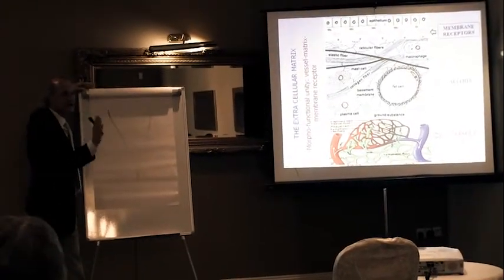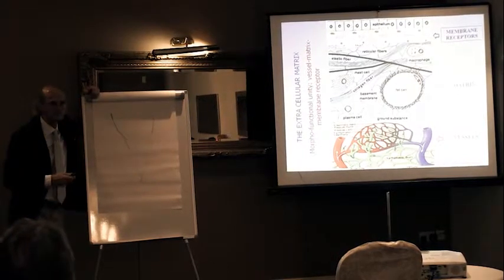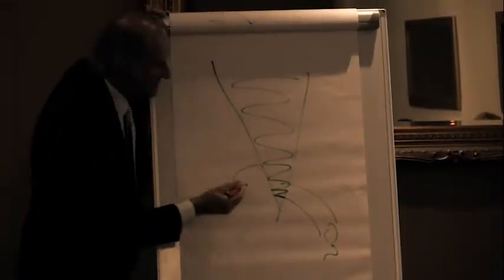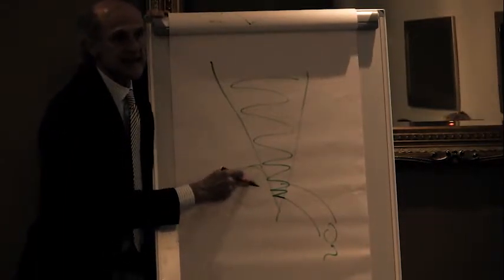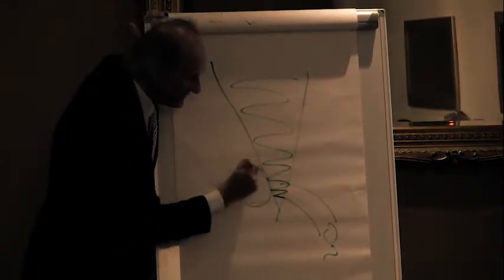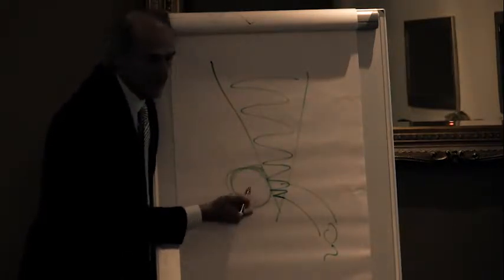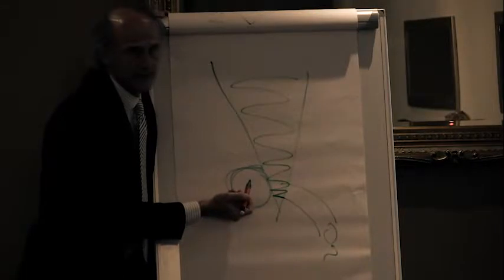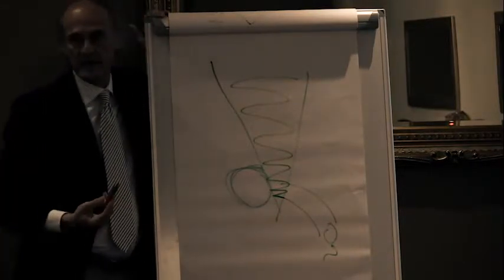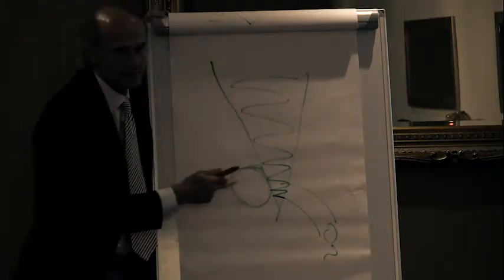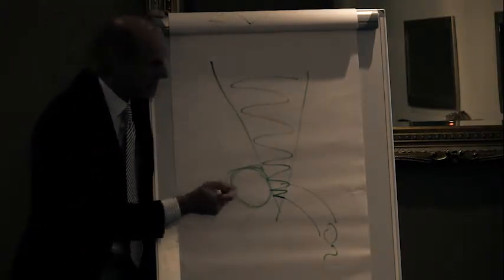But just think in terms of oxygen. If you have a toxic extracellular matrix, oxygen doesn't arrive to the cell. The cell, in order to survive, so focus on the extracellular matrix, huh? In order to survive, differentiates itself into a fibroblast, because it shifts from aerobic to anaerobic metabolism.